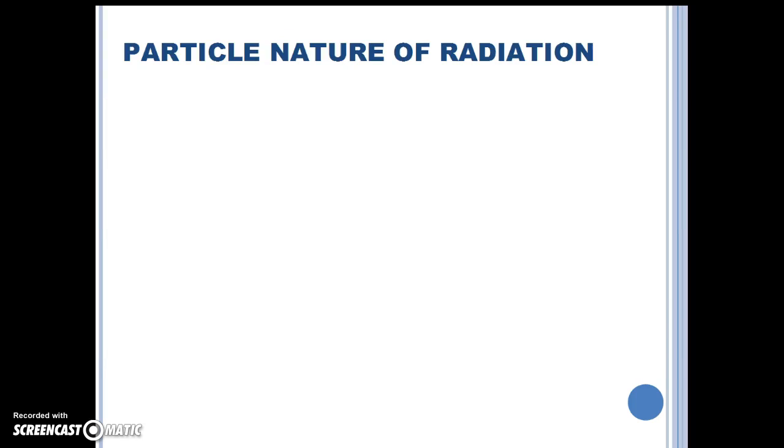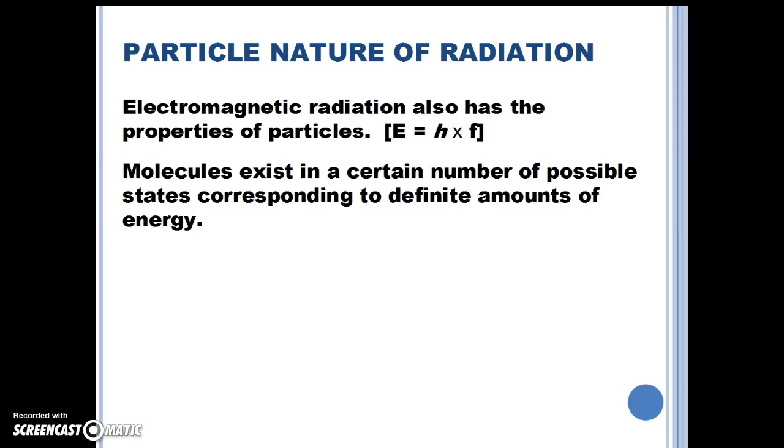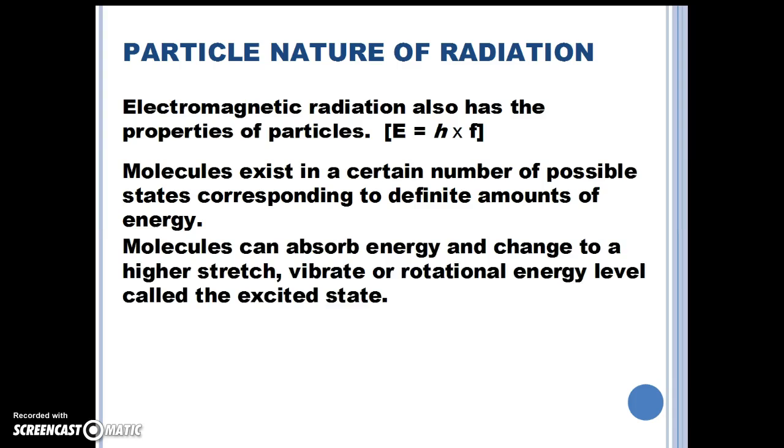Let's talk about the particle nature of radiation. We know that electromagnetic radiation also has the properties of particles, and the energy of the particle would be equal to Planck's constant times the frequency. Molecules exist in a certain number of possible states, corresponding to definite amounts of energy, eigenvalues.